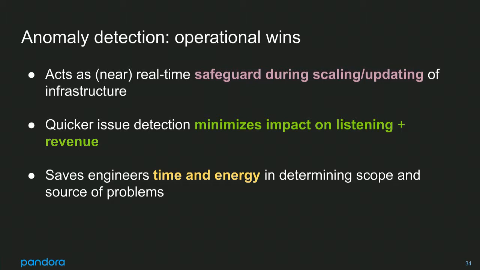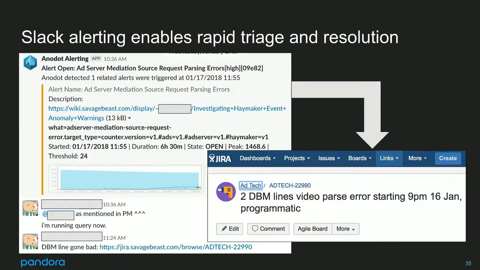And also, when issues do arise, it saves engineers a lot of time and energy in identifying the scope and the source of problems. There are a couple of things from a system perspective that really aid in that last point. Anodot, for example, supports integration of alerting with our Slack system, and we found that particularly effective in having engineers own a particular domain area, with their internal Slack channel that they use to communicate around that particular set of issues.